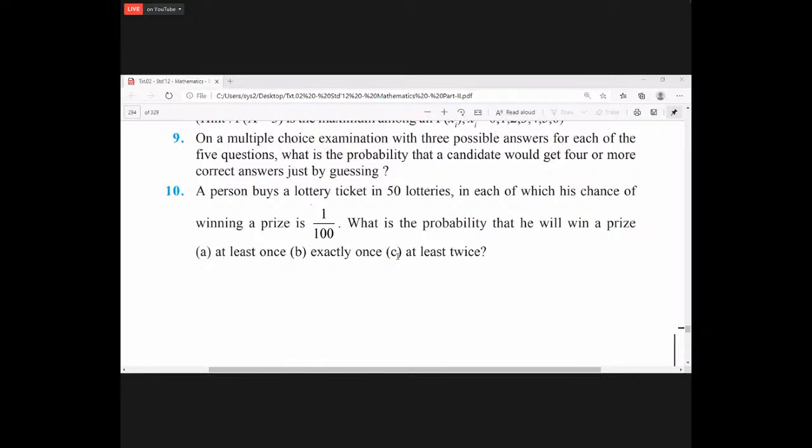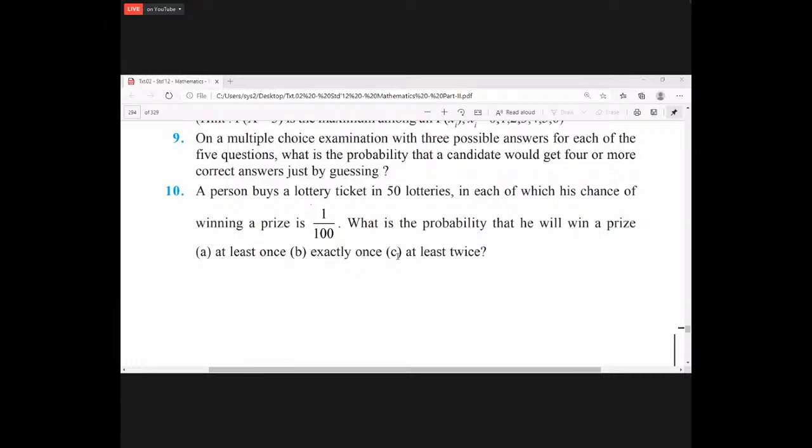Therefore, he asked you to find out the first problem, at least once, means P of x greater than or equal to 1, as n is equal to 50.